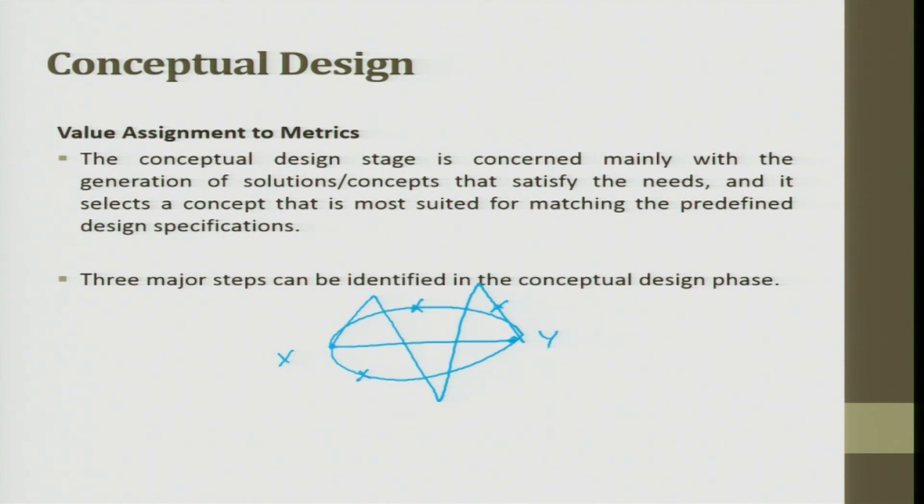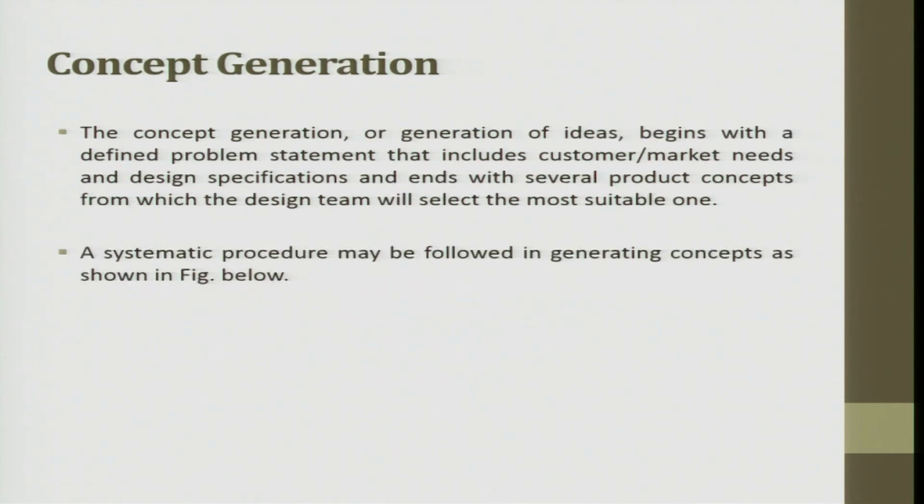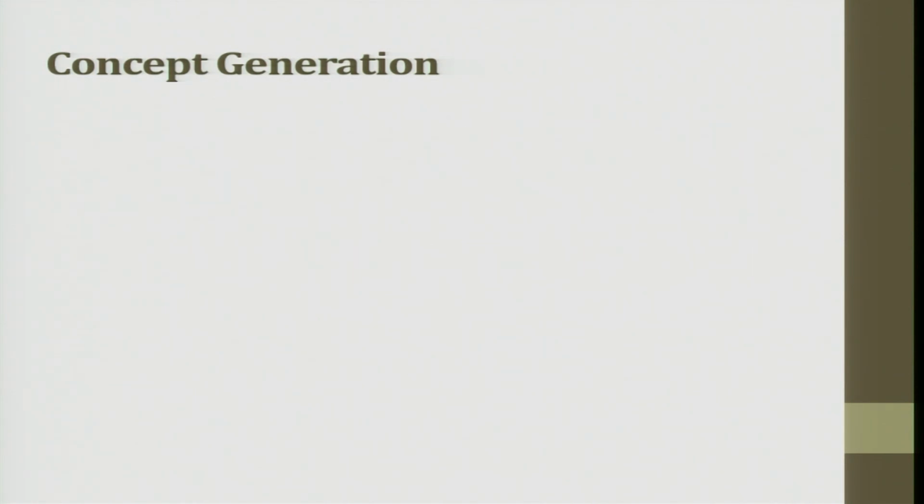The major steps that can be identified in conceptual design phases are the concept generation, or generation of ideas, which begins with a defined problem statement, which you have already done, that includes customer market need, design specification, and ends with several product concepts for which the design team will select the most suitable ones. The systematic procedure is given in this slide.